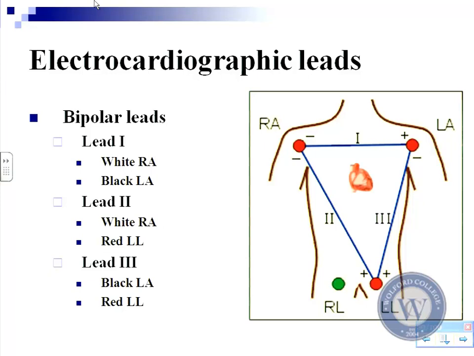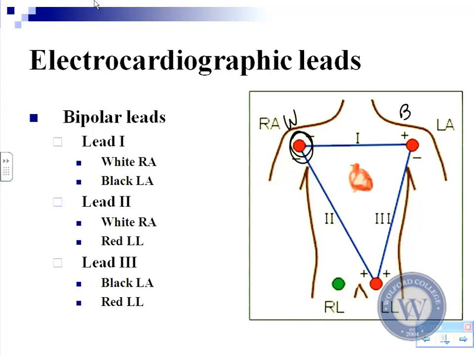The way I want you to think about this is that the leads always point towards the positive. When you put them on, they point to the positive. So if I look at lead 1, we have the white lead over here, and then it goes to the black.